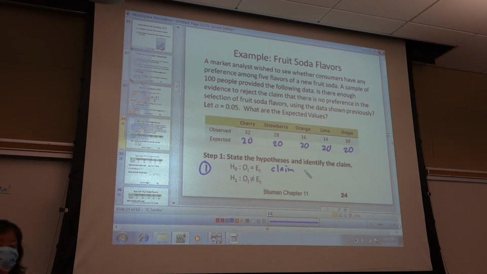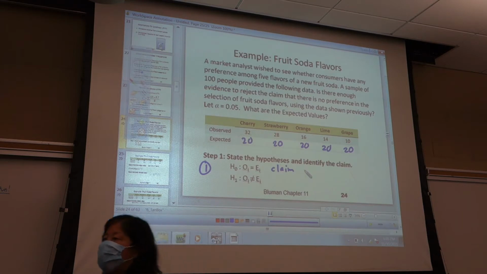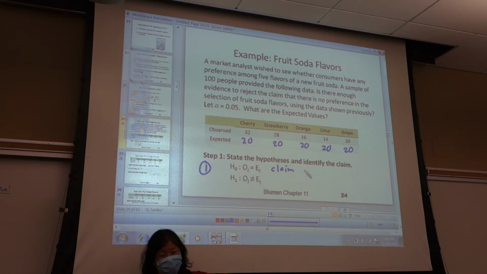For the exams, chapter 10, my claim is always going to be H1. For chapter 11, my claim is always going to be H naught. So you kind of think of, 10 goes with 1, 11 goes with 0. They kind of balance each other out a little bit.